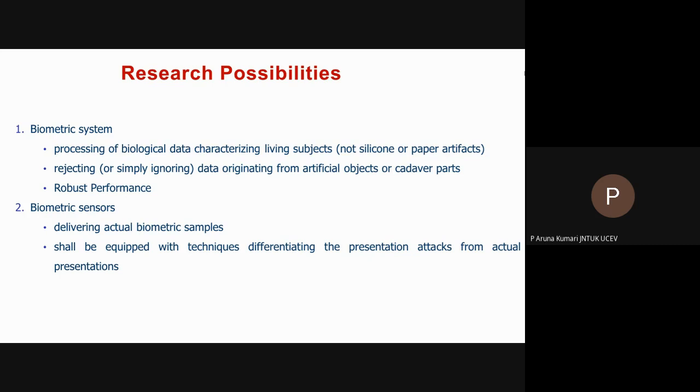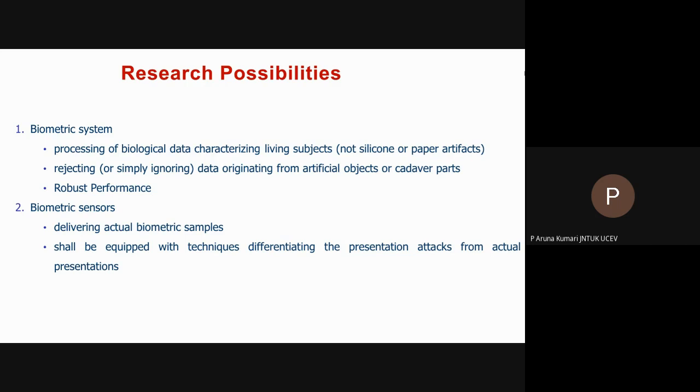In presentation attacks, whatever biometric capturing devices and software we have written, the sensor itself will identify whether the person is a living person or whether we are getting the template from some paper or video.